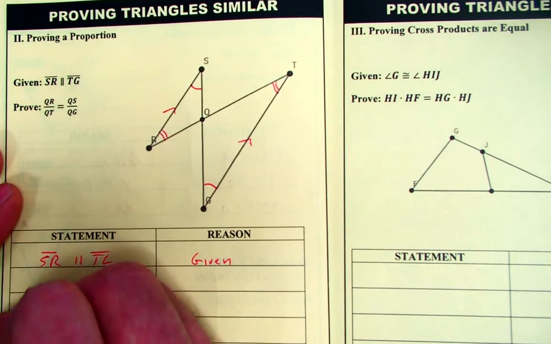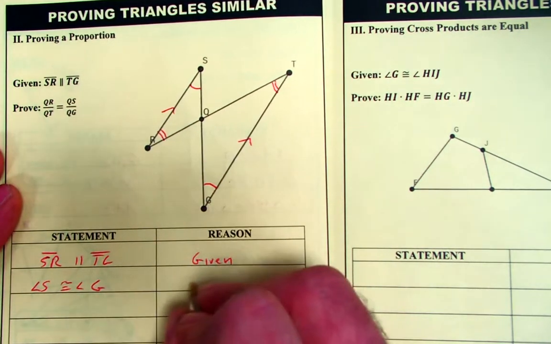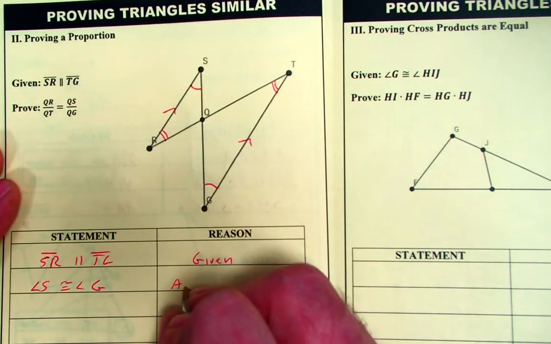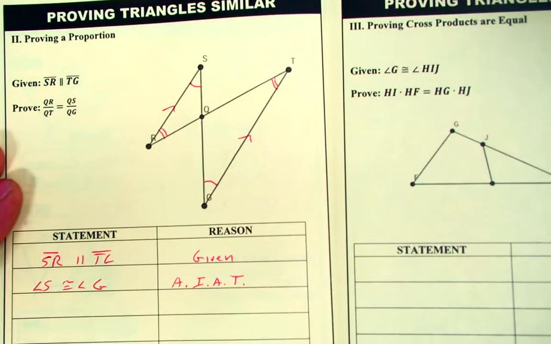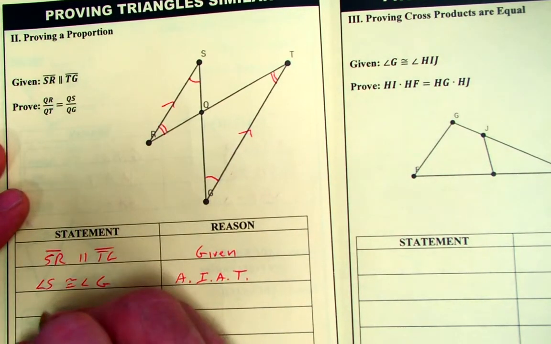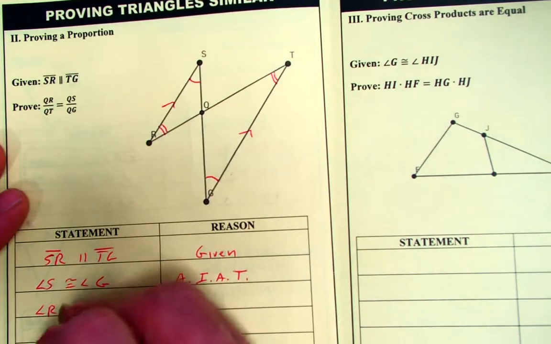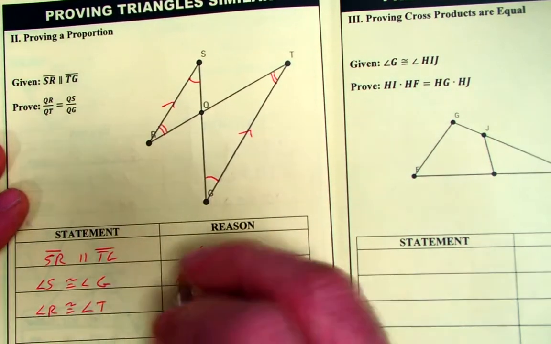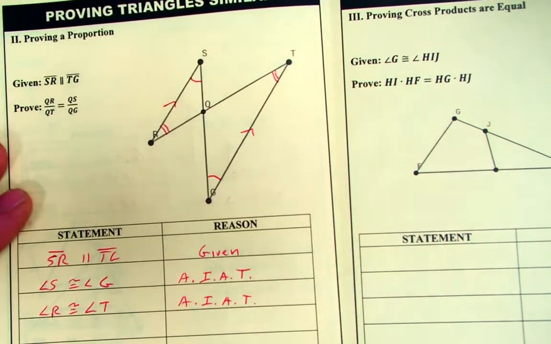And now we know that angle S is congruent to angle G by the alternate interior angle theorem. We'll try to abbreviate it that way. Alternate interior angle theorem. And we also know that angle R is congruent to angle T. Again, alternate interior angle theorem.